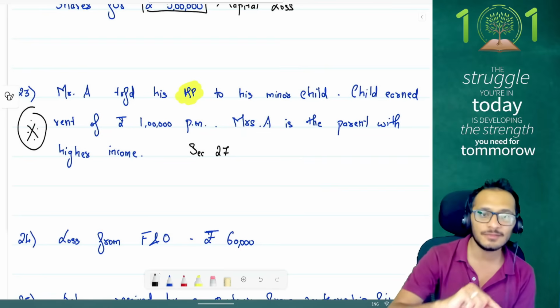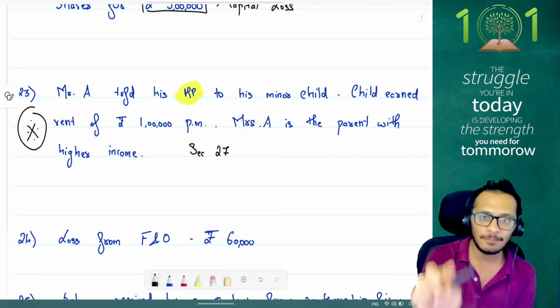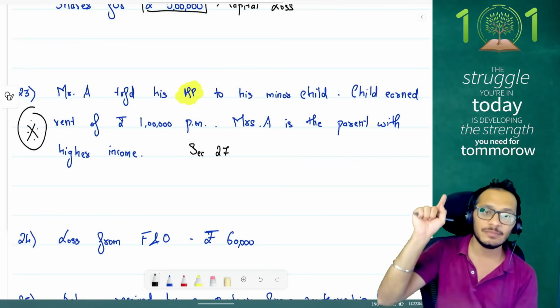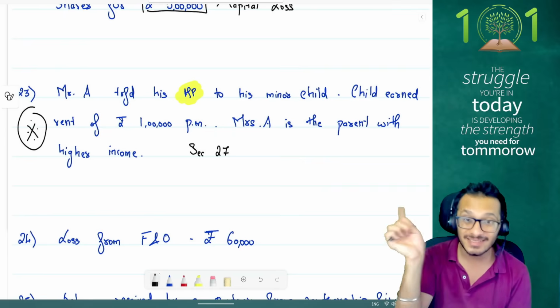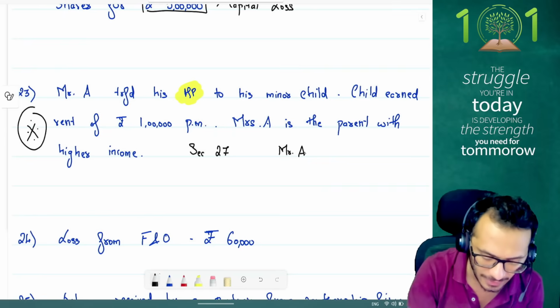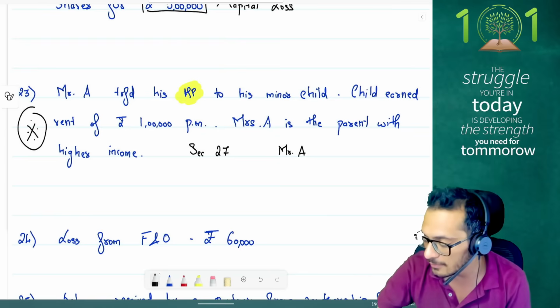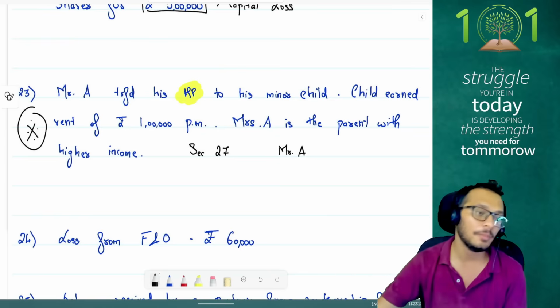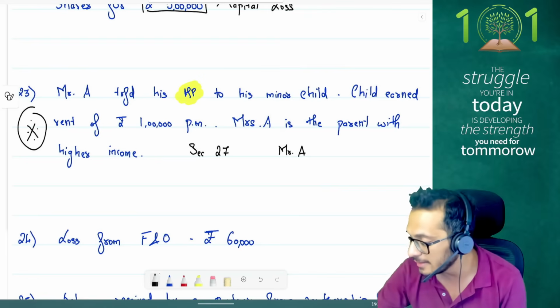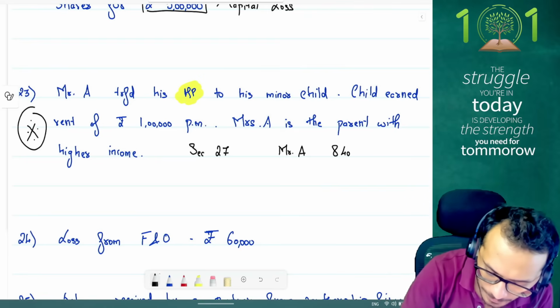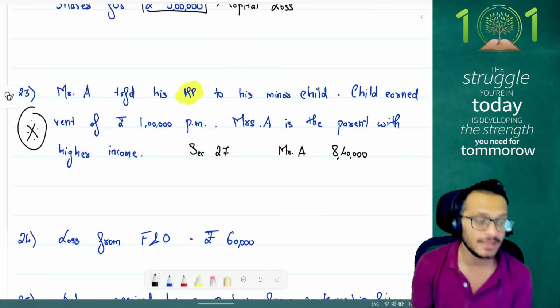When a parent transfers something to his minor child, that parent is taxable under the head HP, which means in this case, because Mr. A gave it to his minor child, Mr. A is the one who will be taxed on the income. Mr. A will be taxed on this whole income, which is 1 lakh rupee into 12 months, which is 12 lakh rupees. But because this is house property, I can claim a 30 percentage reduction. Number becomes 8 lakh 40,000.